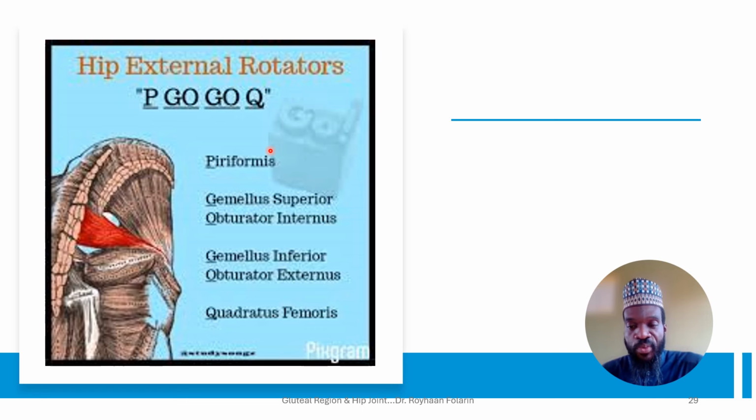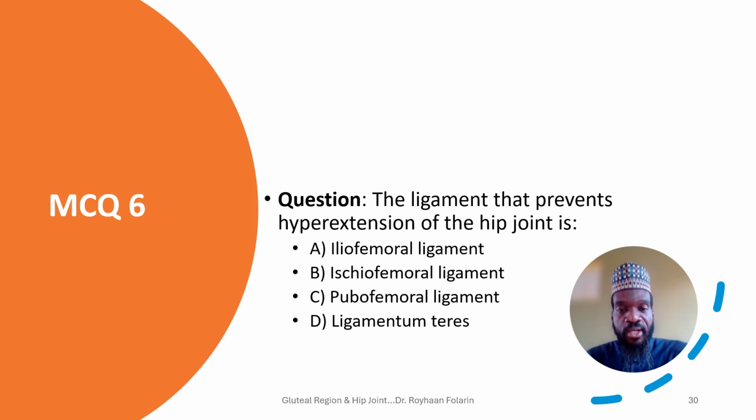You can pick just one of the movements and create a mnemonic or an easy acronym for the list of muscles, and you can pick all of the movements if you so wish, so that we interact and see interesting ways to keep these mnemonics in mind. So here is PGOGOQ for the hip external rotators.